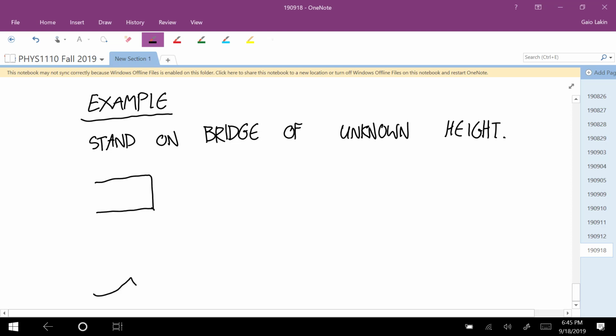So here's the bridge, here's the water, and you drop a rock down toward the water, okay, and time how long it takes.